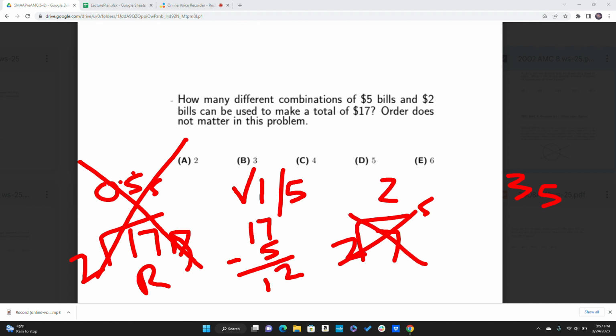So that one doesn't work. Okay, what about three $5 bills? 3 times 5, that makes 15. So we need 2 more dollars to get to 17. Can you make $2 out of just $2 bills? Yeah, you just use one $2 bill. So this case works as well. So that's the case with one $5 bill and the case with three $5 bills. Those two cases are our answers.